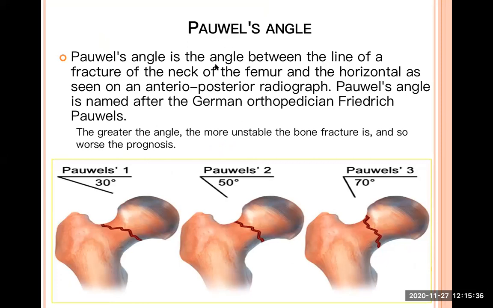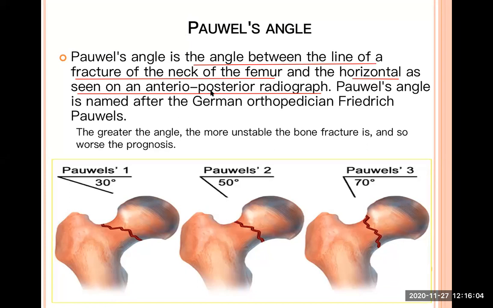See here. This Powell's angle is the angle between the line of a fracture of the neck of the femur and the horizontal axis as seen on an anterior-posterior radiograph. So one of the views we always take is AP view, another is a lateral view, and some other special type of views are also there according to the part of the body or joint which is affected.